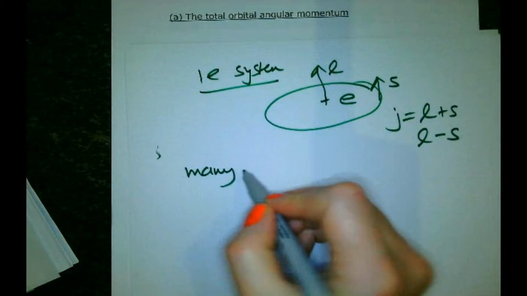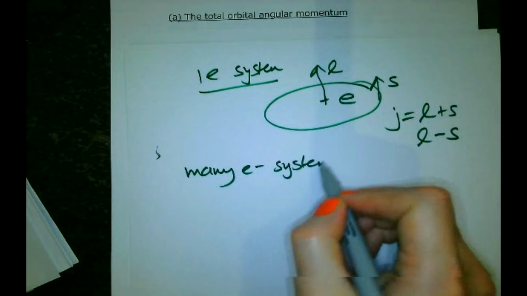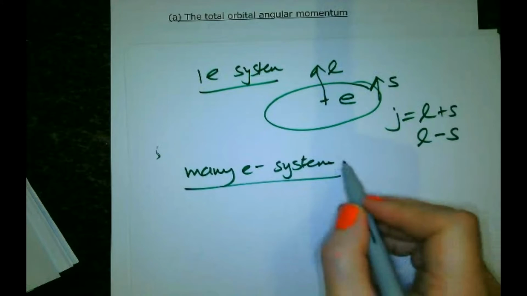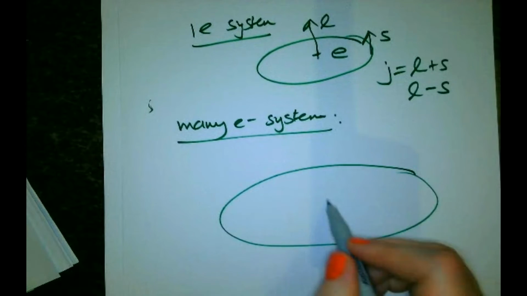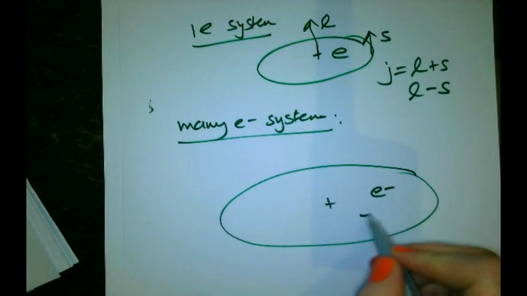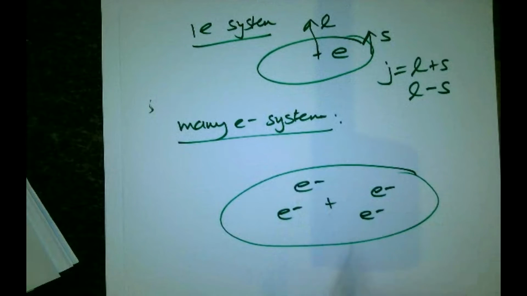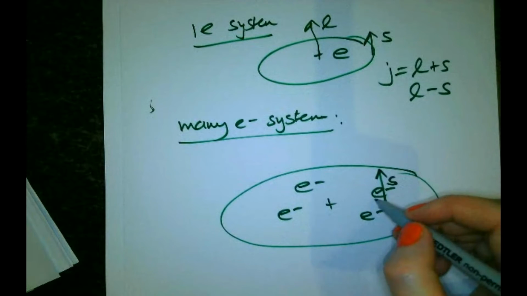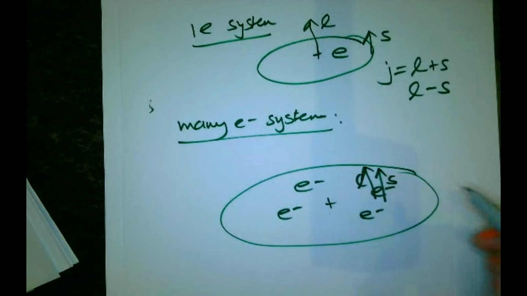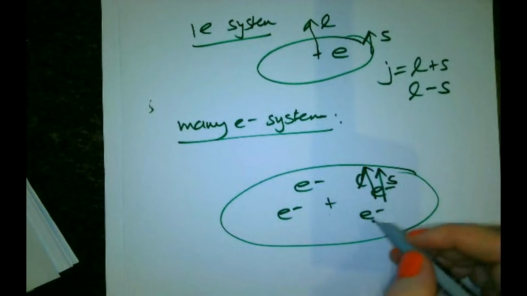If we have a many electron system, things get a bit more complicated. So now we have an atom with a nucleus with more than one electron. That electron has a spin angular momentum and it has an orbital angular momentum.